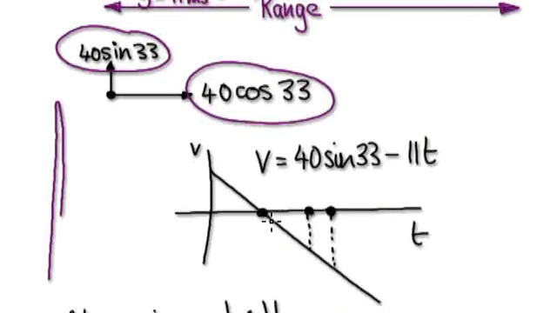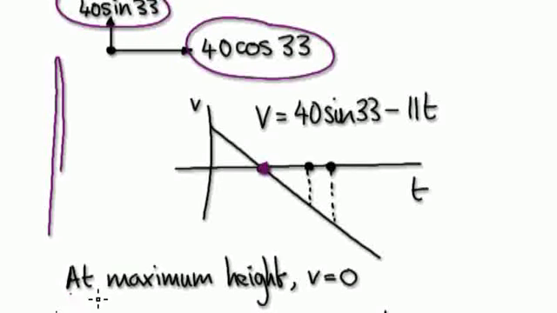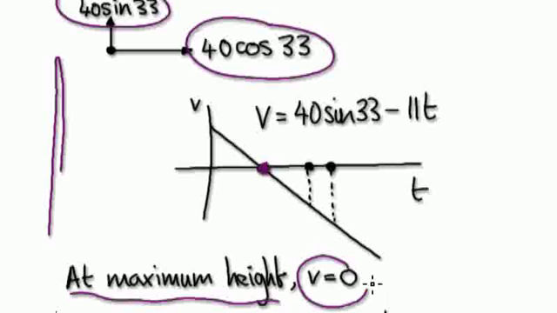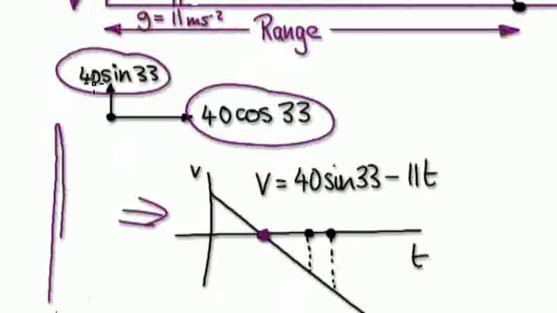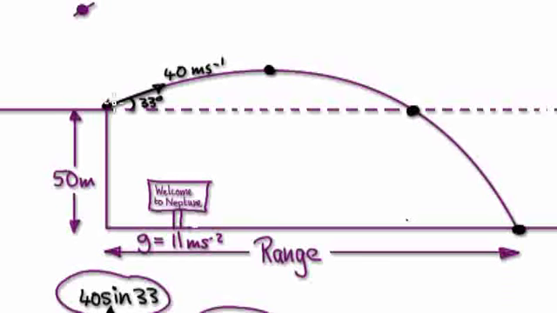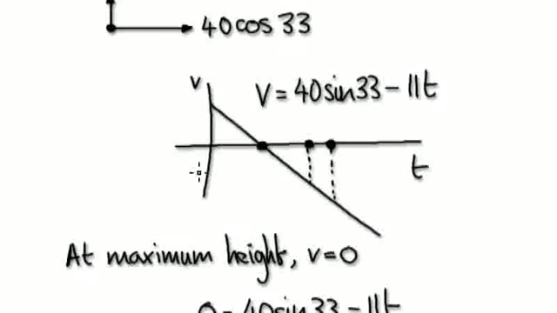Find out the time it takes to get to the maximum height. Remember, this graph just represents the vertical motion here. We are just imagining firing the cannonball vertically upwards, and then it's going to free fall down to here. So at maximum height, the velocity would be zero.